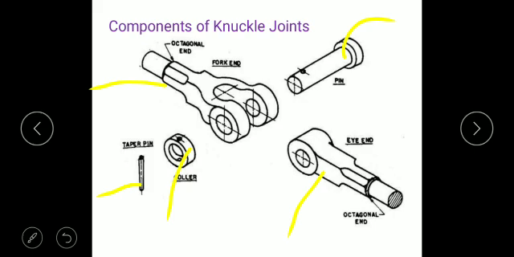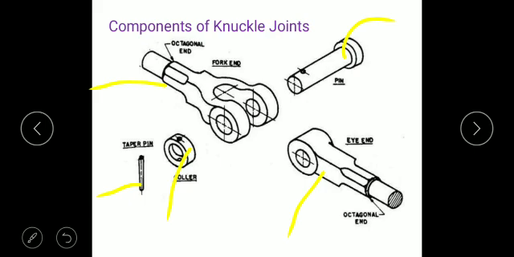We can calculate the different stresses, check the design stresses, or confirm the dimensions of the knuckle joint. The main function of the split pin is to avoid removal of the pin from the assembly. We can also use a taper pin.